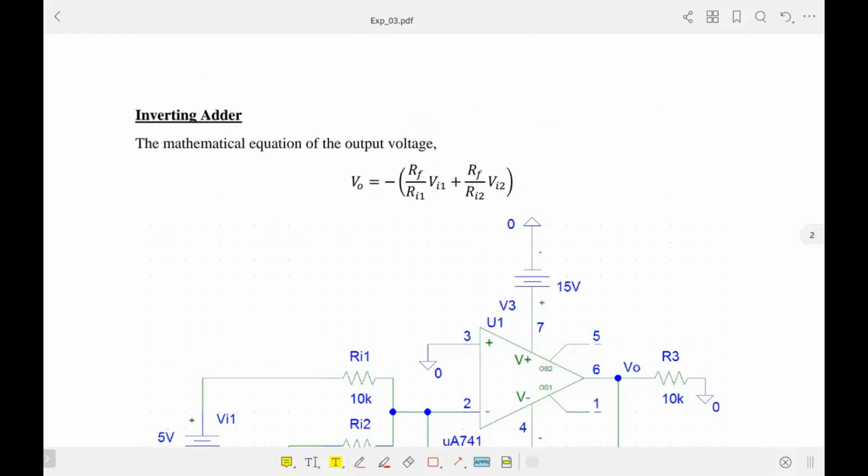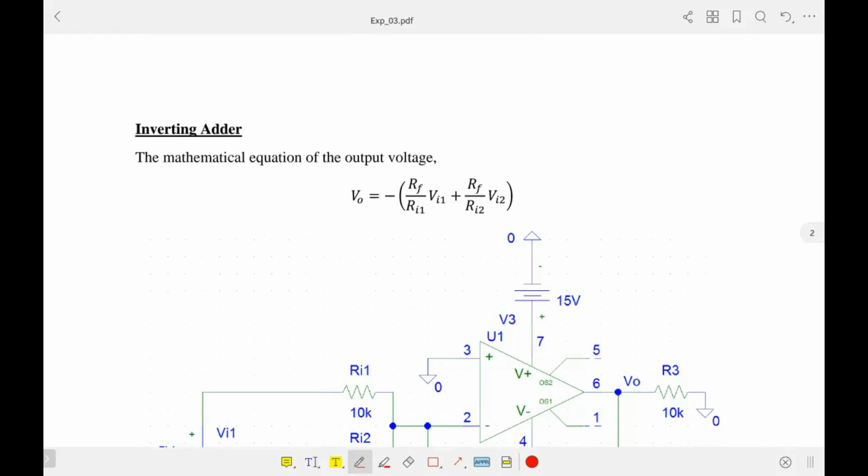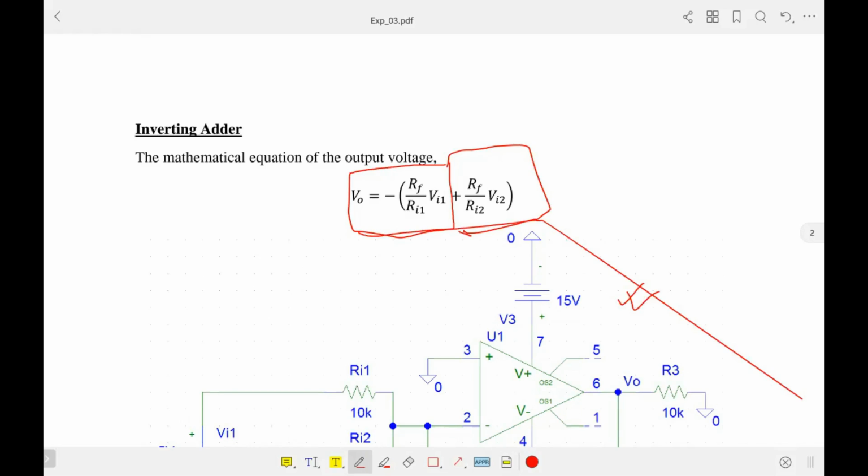If you can recall, previously only this portion was similar to the inverting amplifier, and now we are working with an adder, that means multiple voltages. Similarly, another voltage is added. If you derive the expression for this circuit, then you will find this type of expression, and I believe you have probably already learned this derivation in your theory class, or you are going to learn it.